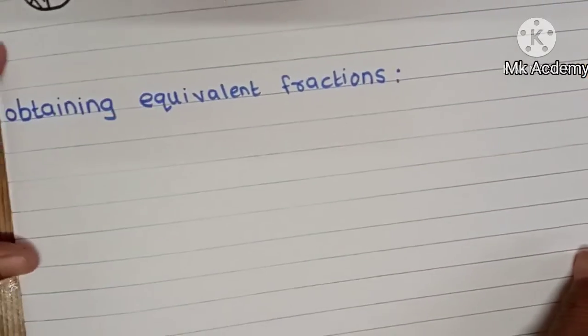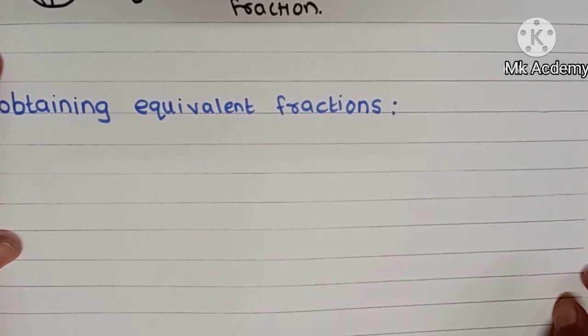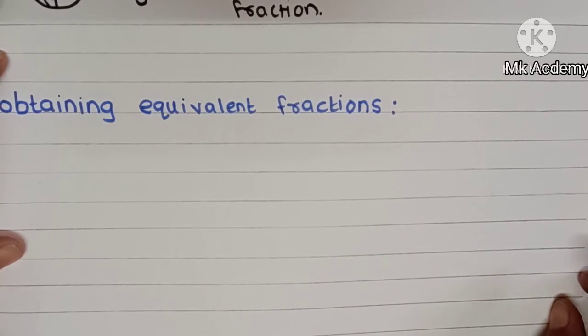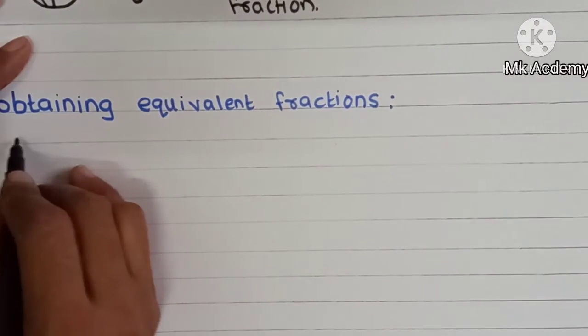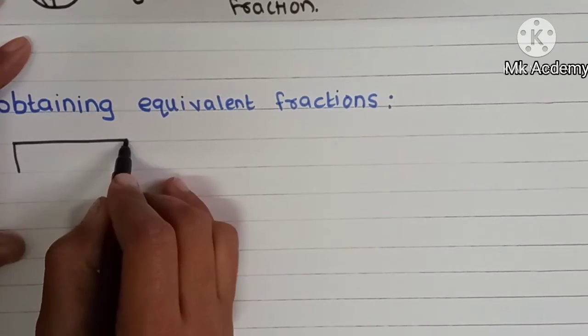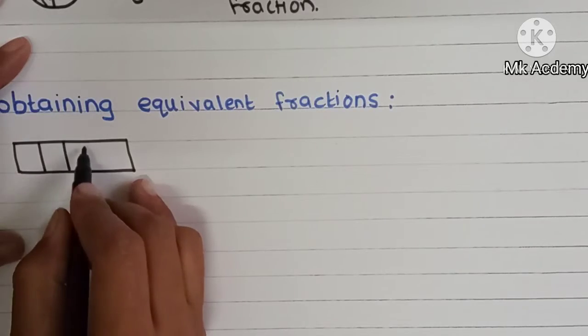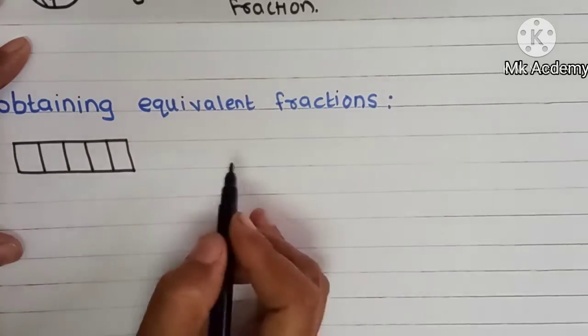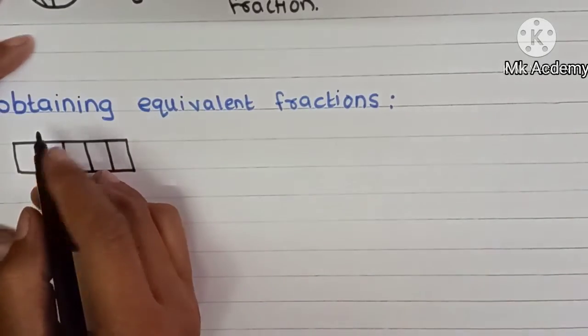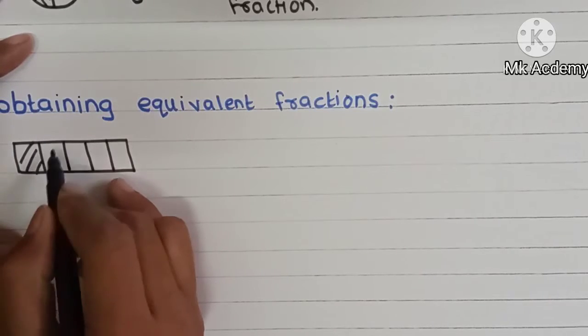Now, obtaining equivalent fractions. How to obtain the equivalent fraction? Now see, if this is one strip and we divide this strip into 5 parts and color two parts.